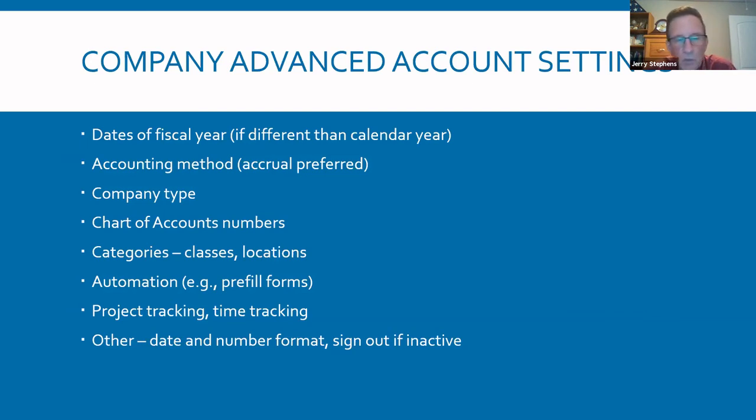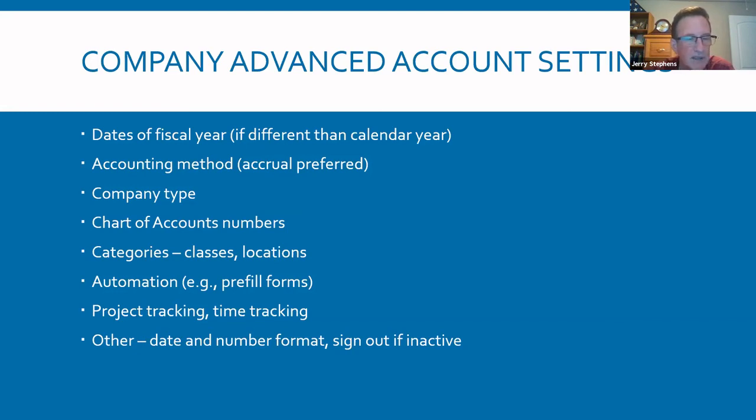Oftentimes, when you work with QuickBooks over a period of time, you learn the chart of accounts, what the number is for a given account. And sometimes it's easier to put in a 4-digit number than to start to type out what the account is that you're working with. And so we'll provide that capability.